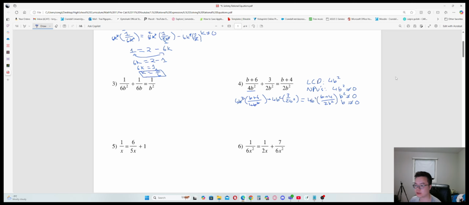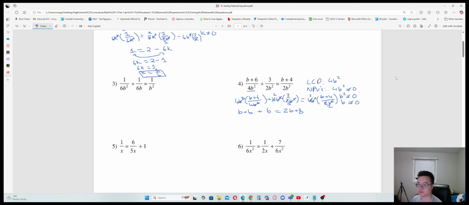So 4b squared cancels out, then I will have b plus 6, and then plus, b squared cancels. This I'll have 2, and 2 will cancel out, so I will have 6. B squared cancels. This will give me 2, this will give me 1. 2 times b plus 4, I will have 2b plus 8.